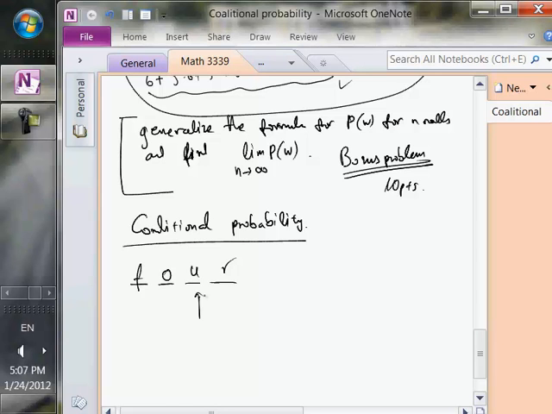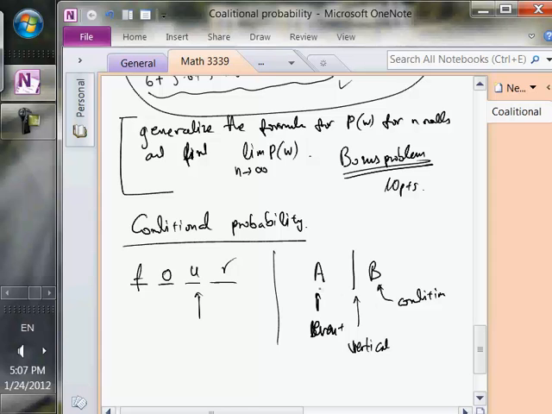And the mathematical definition, first of all, the notation. A is an event and B is the condition. So I put a vertical line, and B is the condition.